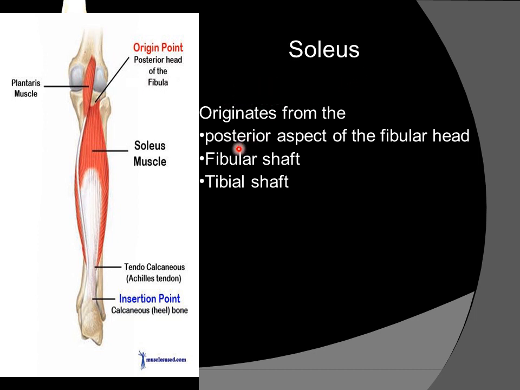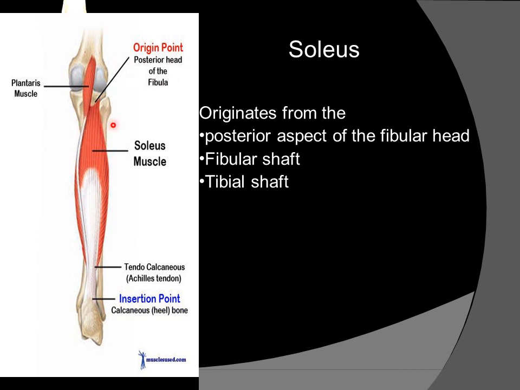It arises from the posterior surface of the shaft of the fibula. Okay, posterior aspect of the shaft of the fibula, and also from the soleal line and middle 1/3 of the medial border of the tibia.